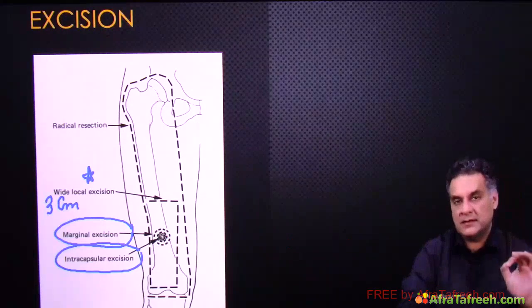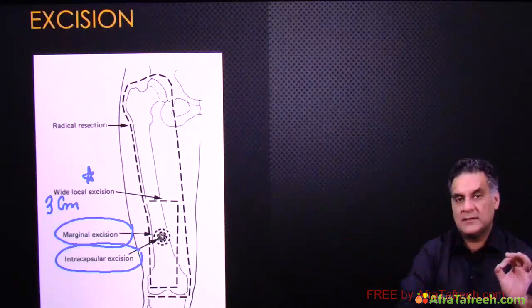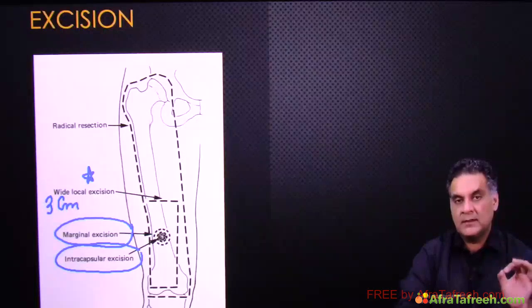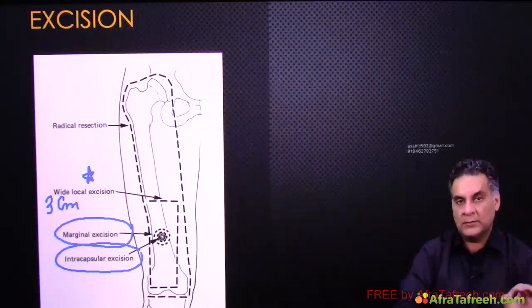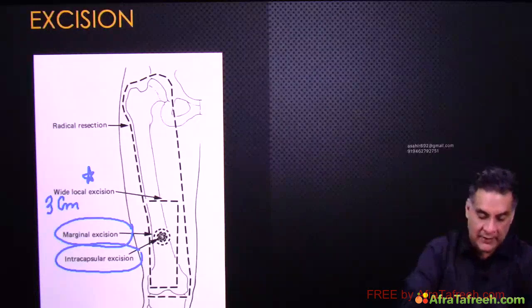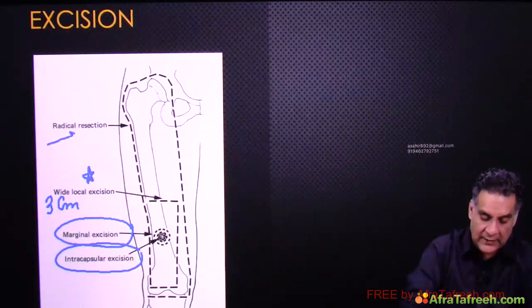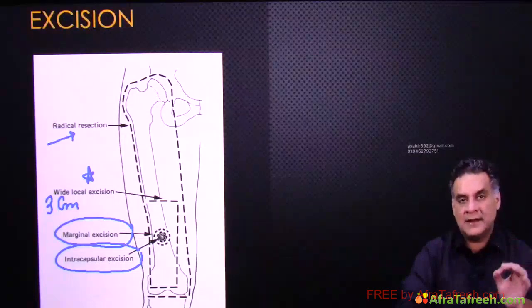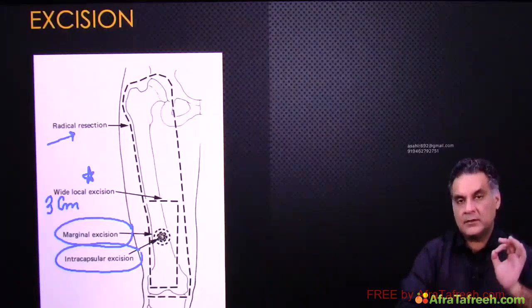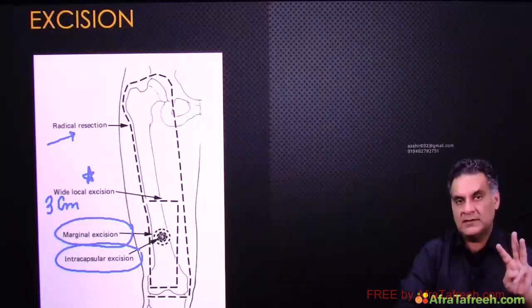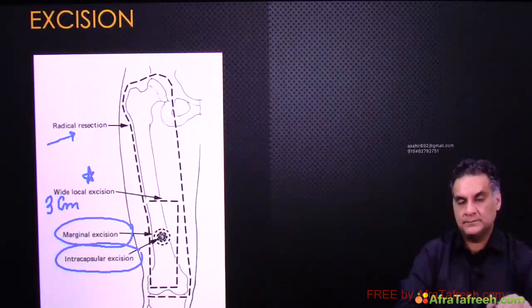This happens to be the commonest surgical procedure done in case of orthopedic oncology. And finally, remove the entire bone of the segment, radical excision. The most commonly done procedure, wide local excision, 3 centimeter margin.